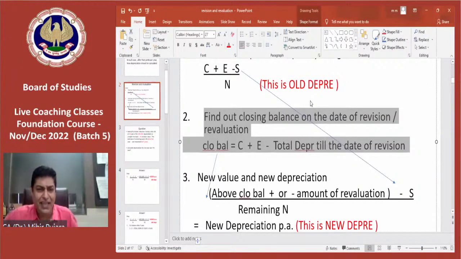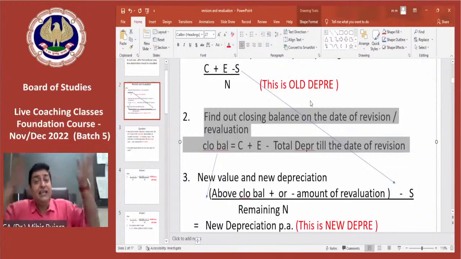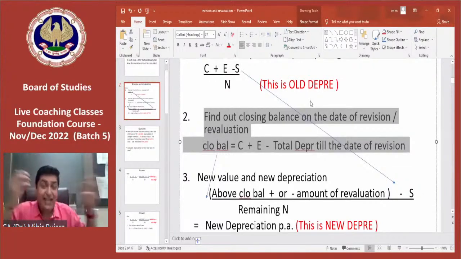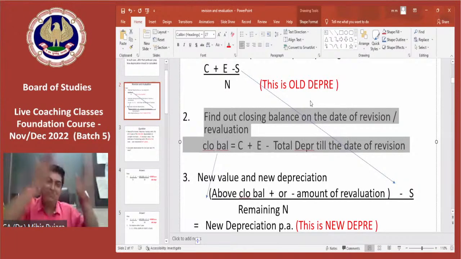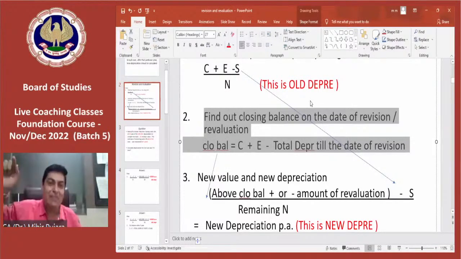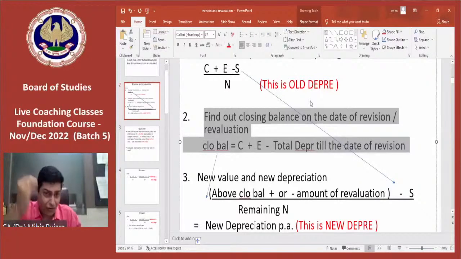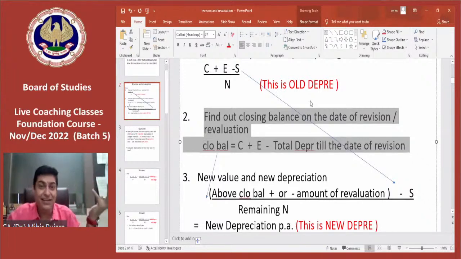C plus E minus total depre of first 3 years. Shivasri, how is it 540? The method is SLM. How is it 520, Kirti? It's simple mathematics. C plus E minus depre of first year, minus depre of second year, minus depre of third year. I hope it is a typing mistake.